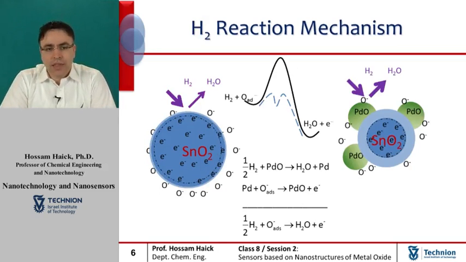It should be noted that the catalysts not only create enhanced sites for gas molecular adsorption, but also lower the activation energy required for sensing reactions to take place. Altogether, these effects enhance the response of sensors.